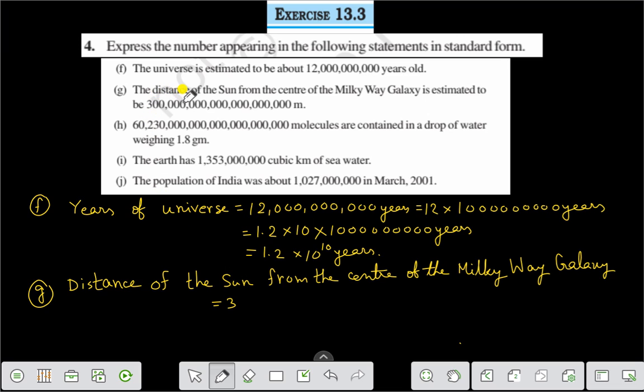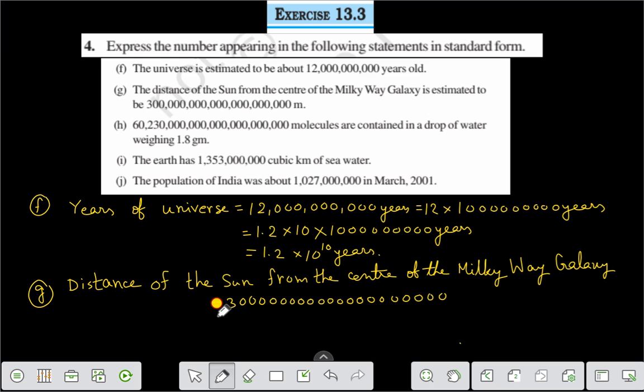1, 2, 3, 4, 5, 6, 7, 8, 9, 10, 11, 12, 13, 14, 15, 16, 17, 18, 19, 20, right?